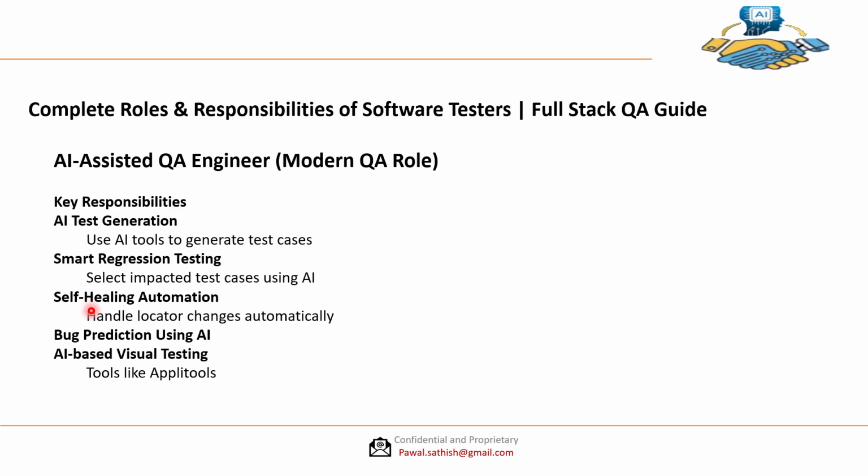For example, if our script is using an ID, and that ID is the login button, but while fixing defects the development team changes the ID to a different name, like login button user ID, then obviously when we execute the same script next time, it will fail because of the changed ID. But using AI self-healing automation, our script will not fail.